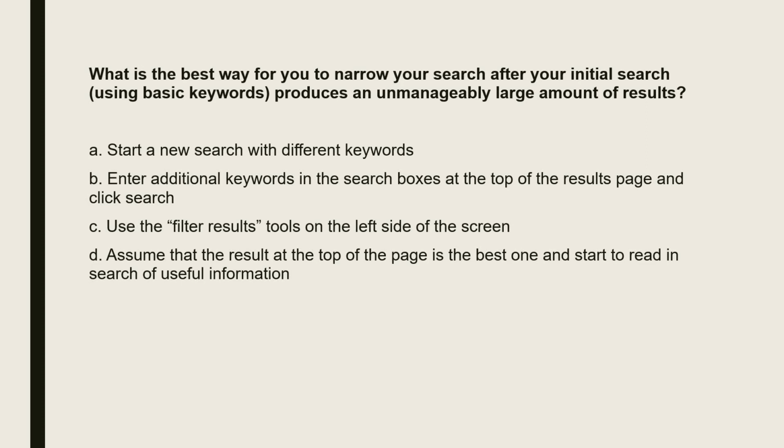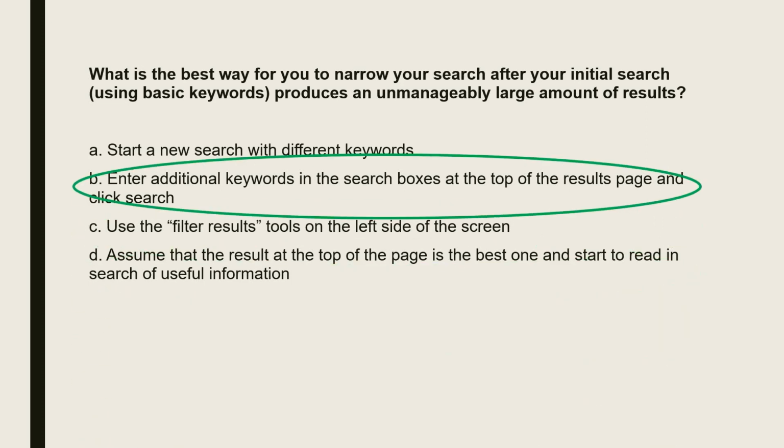Should you use the filter results tool on the top left side of the screen? Or D, assume that the result at the top of the page is the best one and start to read it and search for useful information? You should add additional keywords in the search boxes at the top of the results page and then click search again.